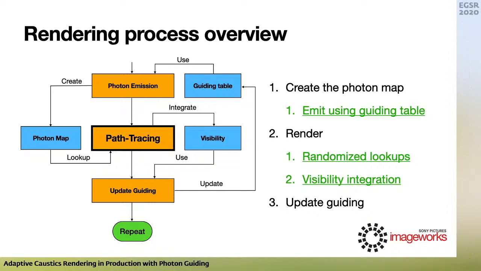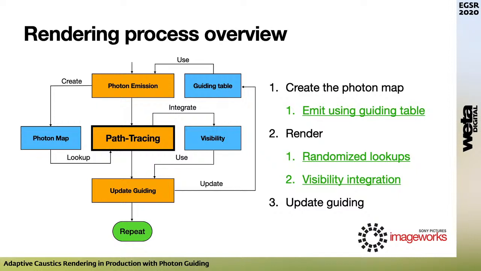It's just the same as path tracing, which is the soul of our renderer. This, in the drawing, is a render pass. Up until now, there was only path tracing, the one in the center. Now we're adding these extra parts around it. The first is a photon emission stage that uses a guiding table to create a photon map. And then we jump into path tracing. Path tracing works as usual, but in addition, it's going to make lookups in the photon map just for caustics, and at the same time, it's going to render another signal, a visibility signal of the photons.